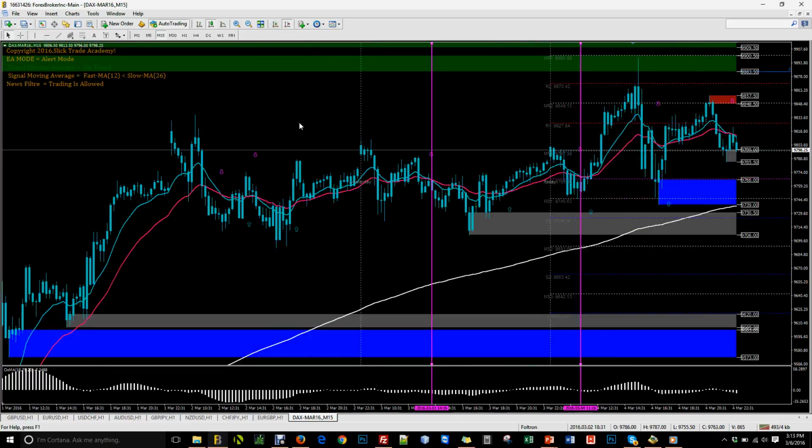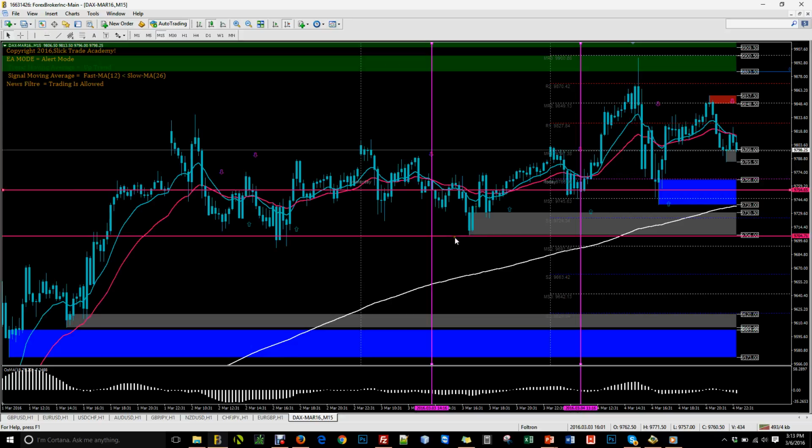Okay, so here, I had entered this one. I had entered the sell, and it gained a decent number of pips here. I think it was about 30 profit per contract or so that I grabbed on that trade.